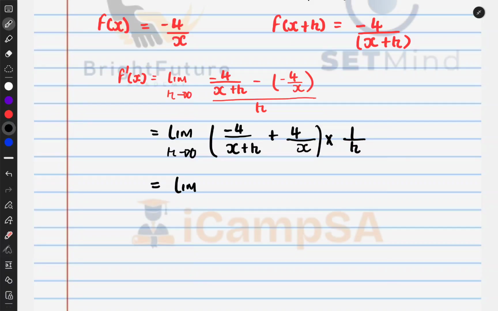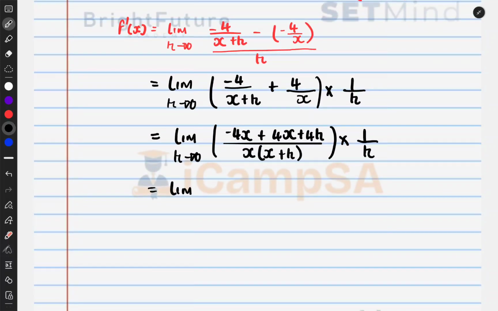So the limit as h approaches 0, let's find the common denominator to combine the fractions. We're going to have x into x plus h as our common denominator, and then x into x plus h divided by the first denominator will be left with minus 4x plus 4x plus 4h. I just expanded that fraction, multiplied by 1 over h.